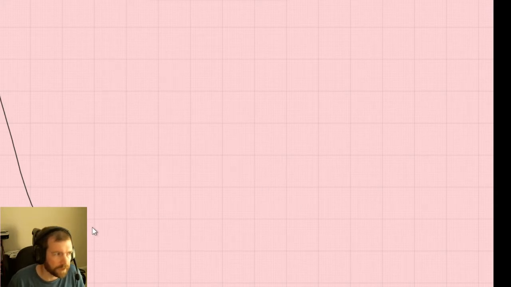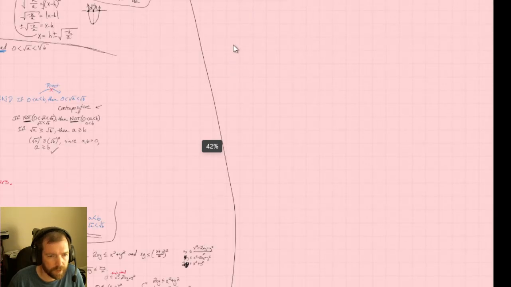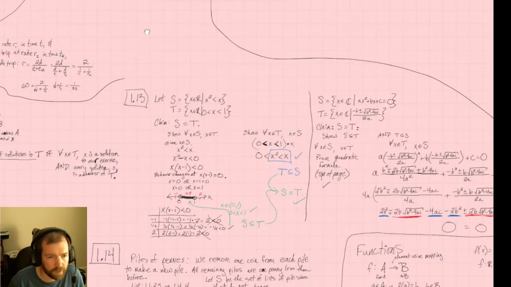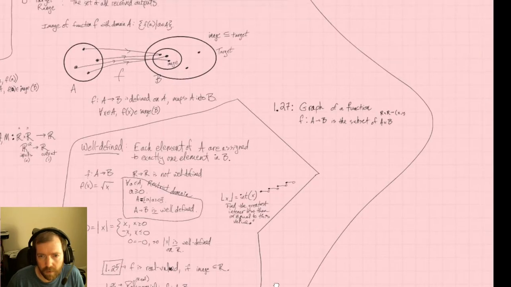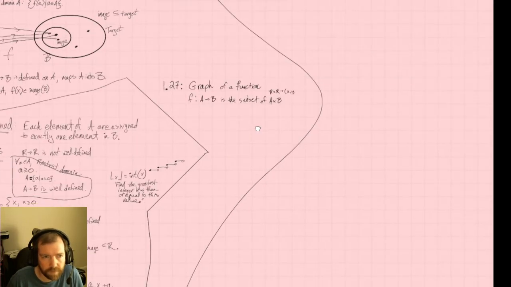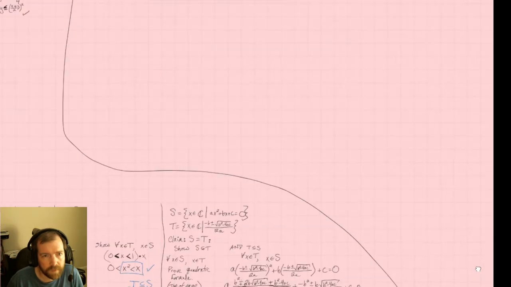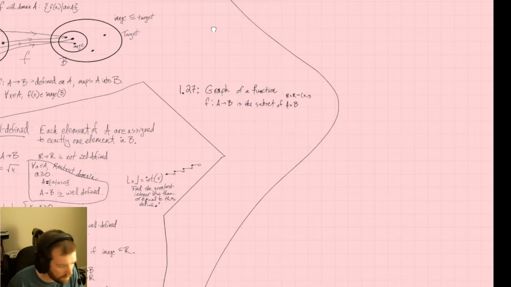Alright. Actually, we do need to look at this a little bit. Just real quick. Figure out approximately where we left off here. 113, 114. 127, graph of a function is a subset. Yeah. Also, did we get all the... Yeah, we did.